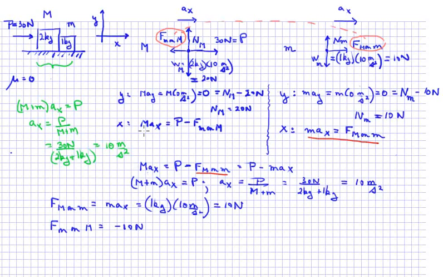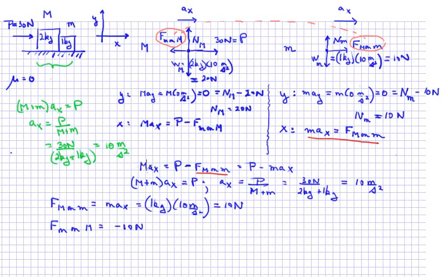So now if I take my equation right here, M a sub x is equal to P minus this force, and so that's the same thing as subtracting this force right here. But this force can be replaced with m a sub x.